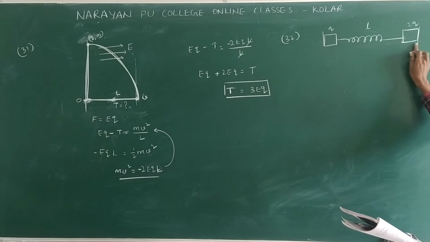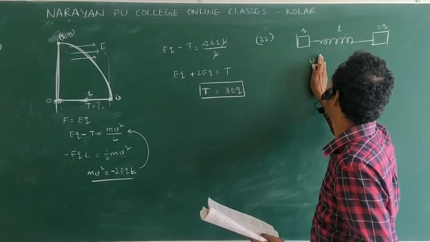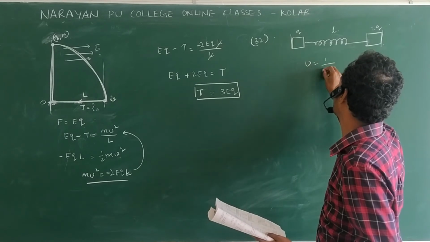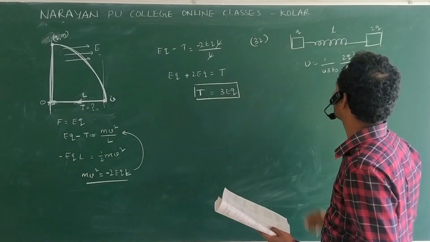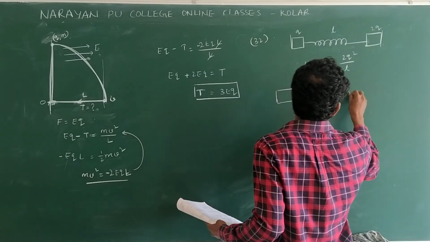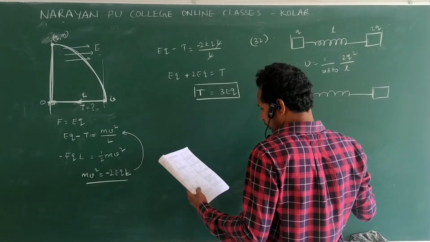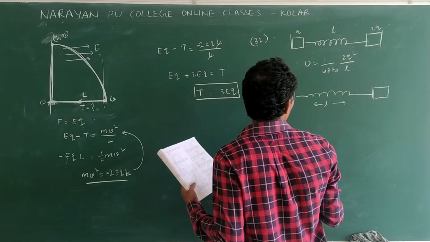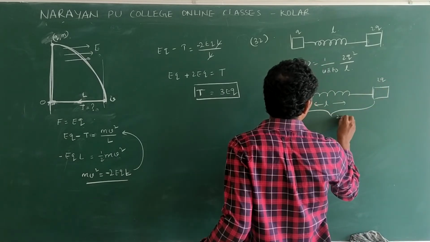Only electrostatic potential energy is stored between these two charges. So the initial energy U is equal to 1 by 4 pi epsilon naught, 2Q square by L. Due to the repulsive force, the spring will elongate; say the extension is L, then the separation becomes 2L.